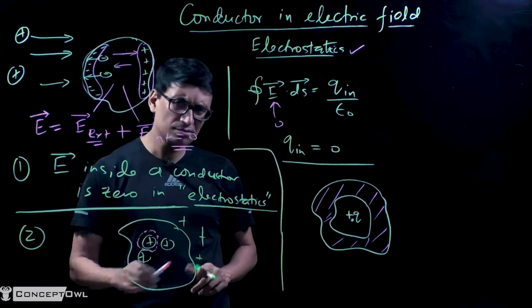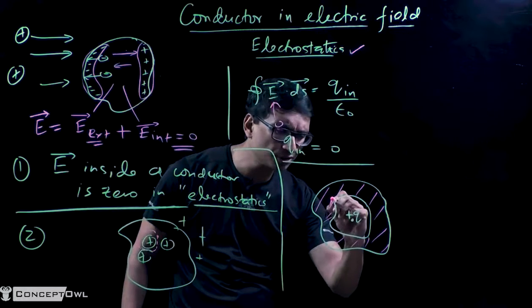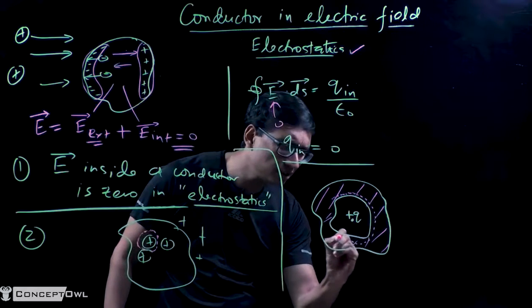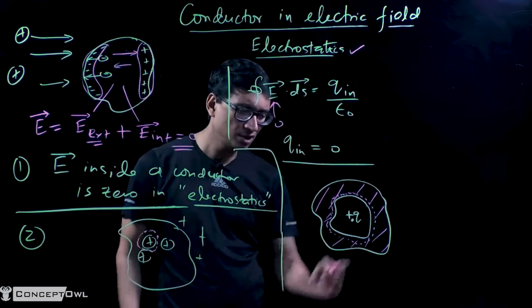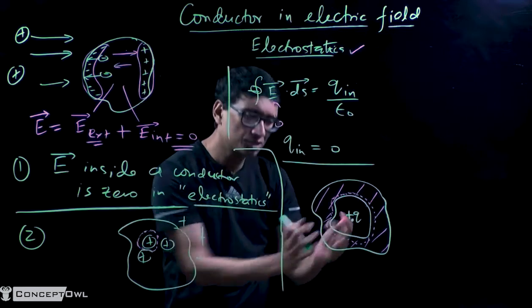Now let's see what the implication of that is. If I take a Gaussian surface just covering the inner surface, we now have an enclosed Gaussian surface.